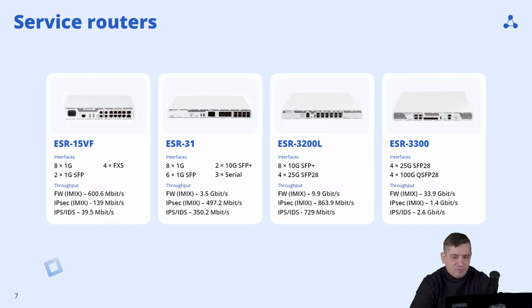At the head of the series, the ESR 3300, you see 4 25 gig SFP28 interfaces, and it is supplied with 4 100 gig QSFP28 interfaces. So it was a big leap in routing, to boost the acceleration means for routing. You must take ESR 3300 and test it on your network. I definitely recommend this serious device.